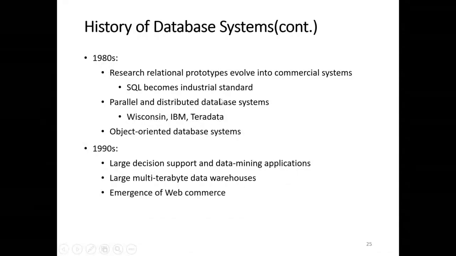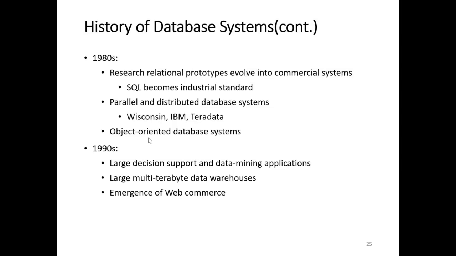Then in the 1980s, we saw a lot of commercial relational database systems like Oracle and IBM. Parallel and distributed database systems were also developed and used. There were also efforts to develop object-oriented database systems, but I think these efforts didn't last very long, okay? Then in the 1990s, people started to realize that we had collected a lot of data in the database.